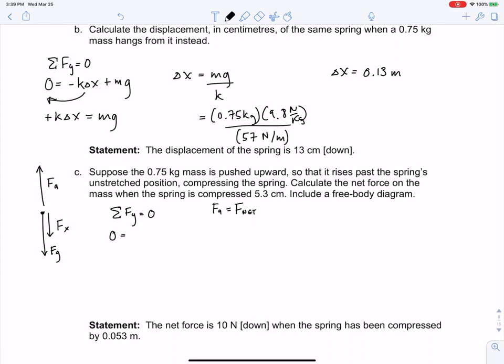So, looking at our free body diagram, we have negative force applied plus force of gravity, which is downward, and the force that the spring exerts in the downward direction as well. Rearranging for the applied force, we have force of gravity plus the force of the spring.